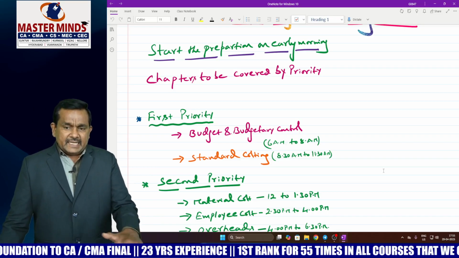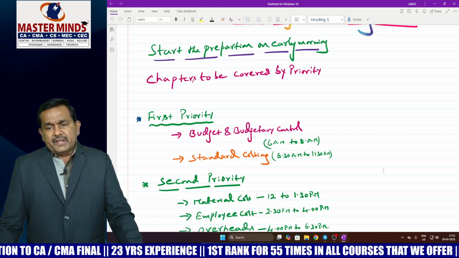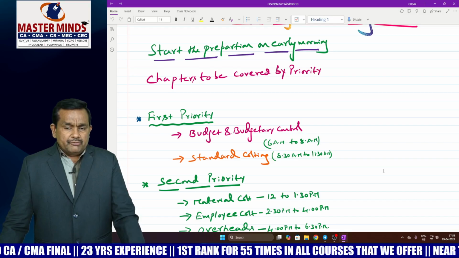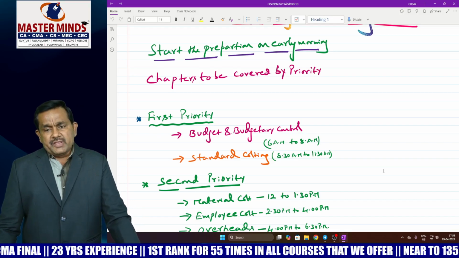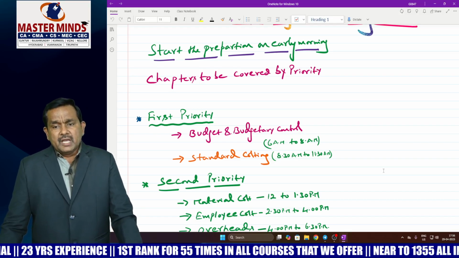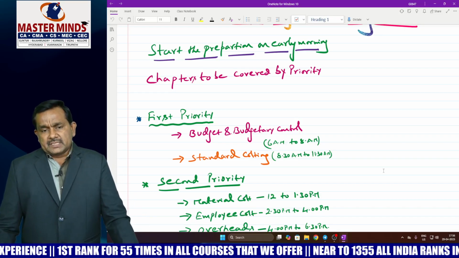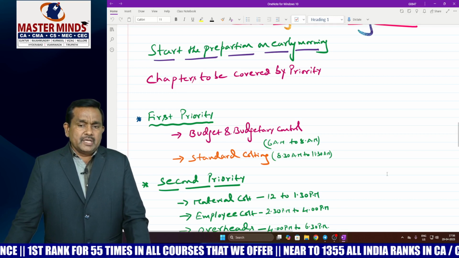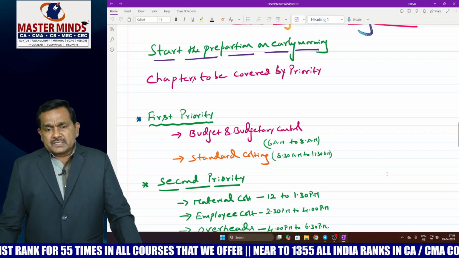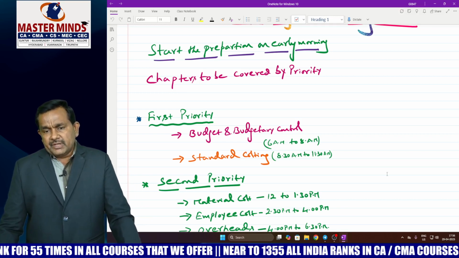Next, at the second range, volume variance includes capacity variance, efficiency variance and calendar variance. These are very important from the examination point of view. Here, formula derivation through graph is very important, sir.